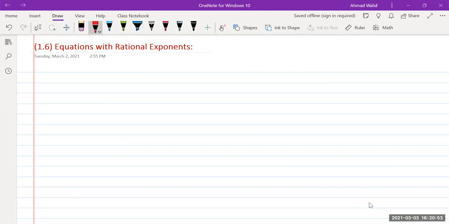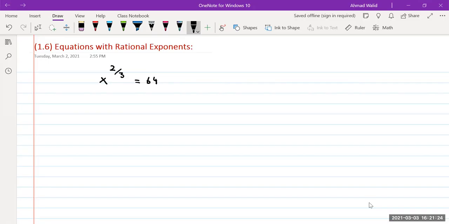If someone gives me an equation like this, for example, x to the power of 2 thirds equals 64, how do we solve such an equation, and which kind of equation do we call this type?